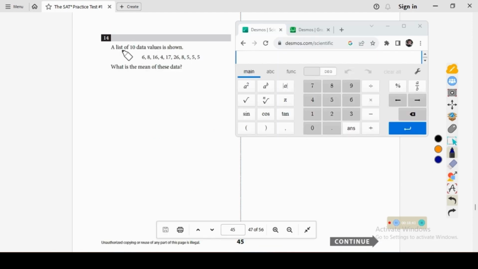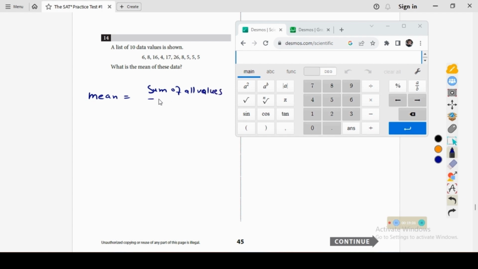In question number 14, a list of 10 data values is shown. What is the mean of these data? The mean is calculated by the sum of all values divided by the number of values. So just add all of these values.